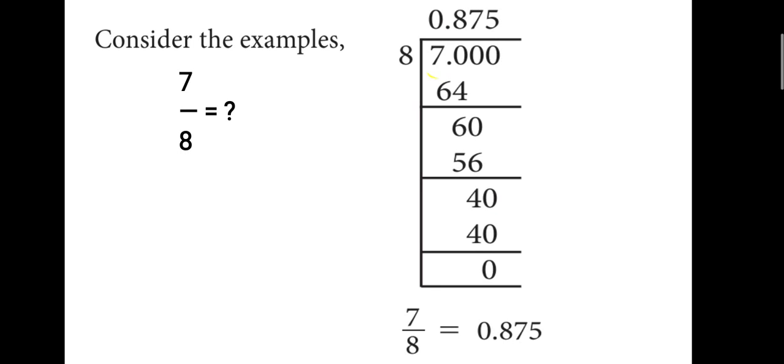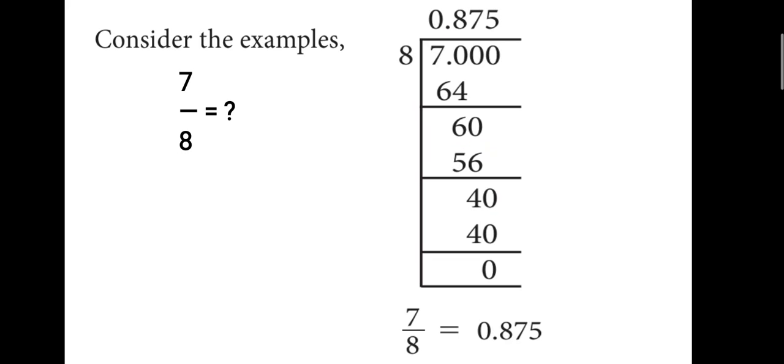Now consider the two digits, 70. In 70, how many 8s are there? 8 8s are 64, so we can put the 8 here and 64. After that, the normal division, subtraction: 70 minus 64 is 6, and carry the 0 here.